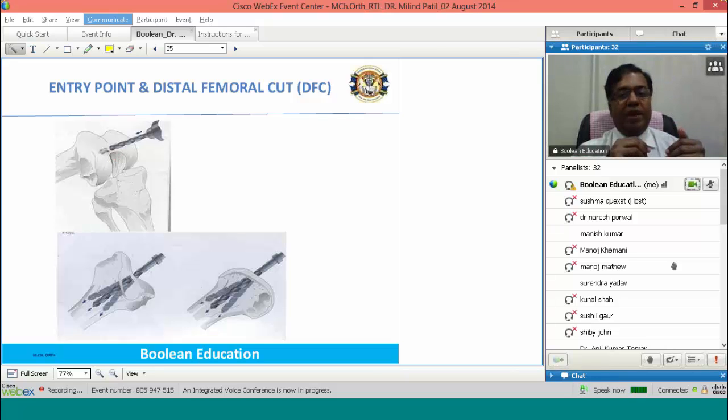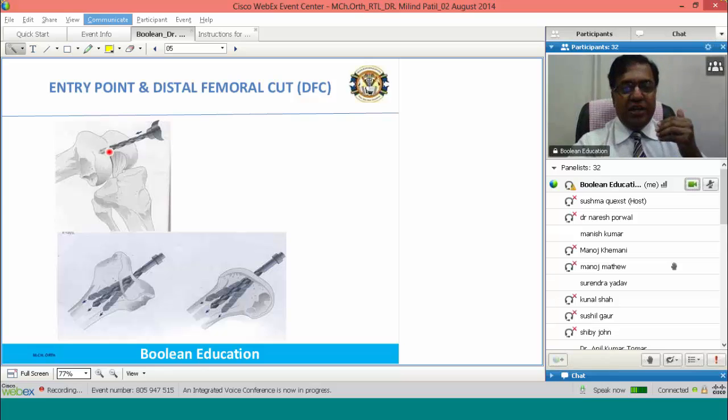In clinical practice, what you can also do is trim the osteophyte over here and just a thumb breadth anterior to the PCL attachment can be your entry point. But everybody's thumb is different thickness. So again, go back to the X-ray, AP and lateral, and see the entry point.